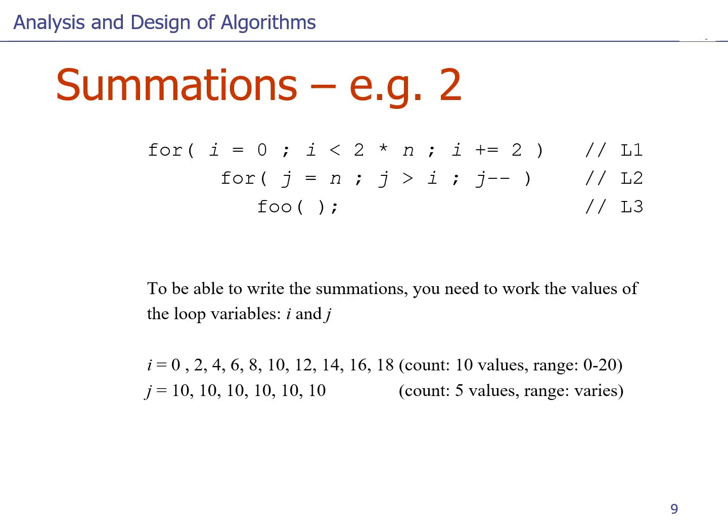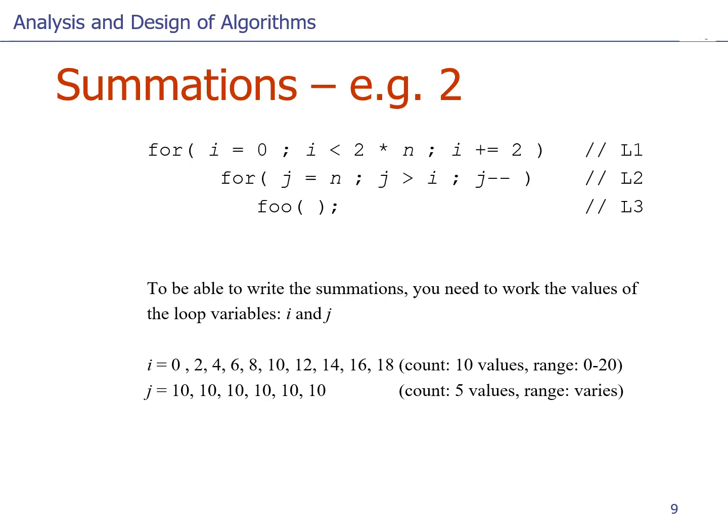So let's check this second example where I have two nested for loops, but the work done with the loop variables makes analyzing the execution of those two nested for loops a little bit more complex than what we have seen before.